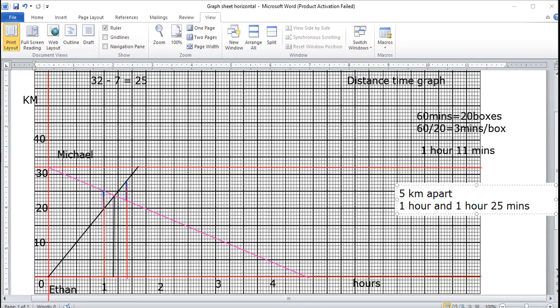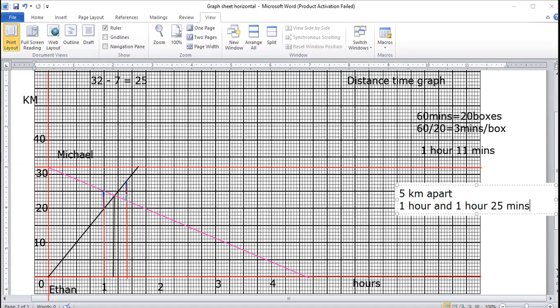A little bit of difference will be totally fine. So right now I am getting around 1 hour, almost 24-25 minutes. So they are 5 kilometers apart once at 1 hour, and once at about 25 minutes past it.